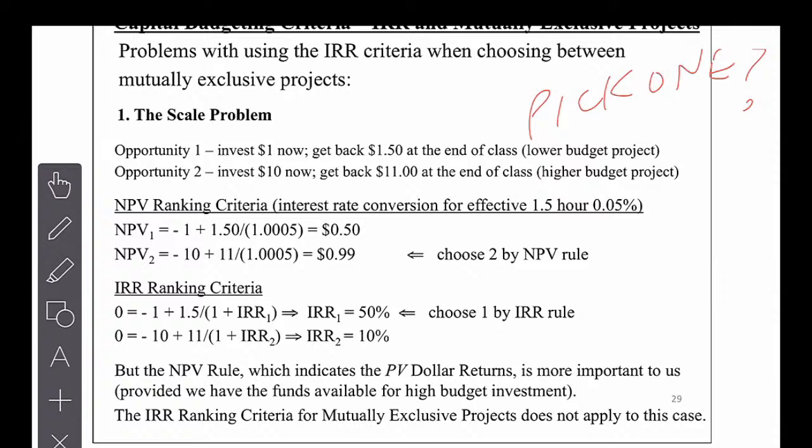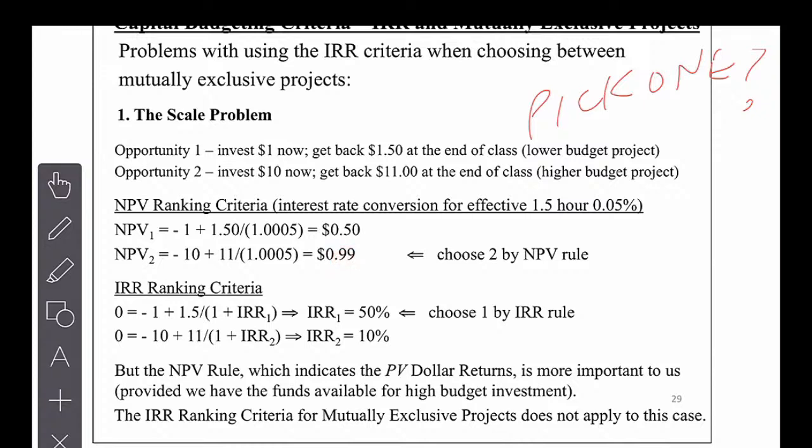So most of you picked number 2. In terms of the NPV, which is like the fallback, we always fall back on the NPV when our alternative techniques fail. By NPV you should choose 2.